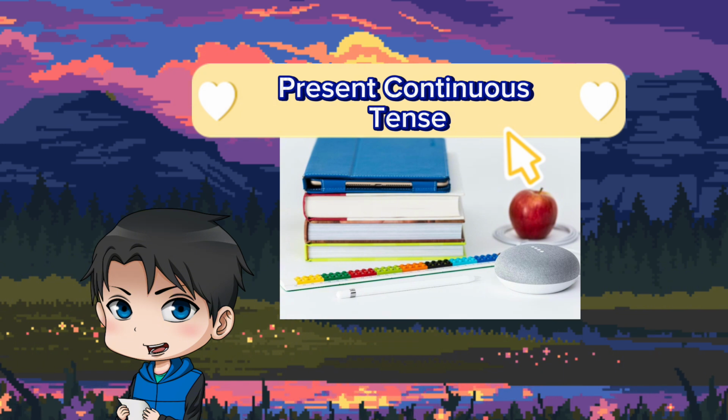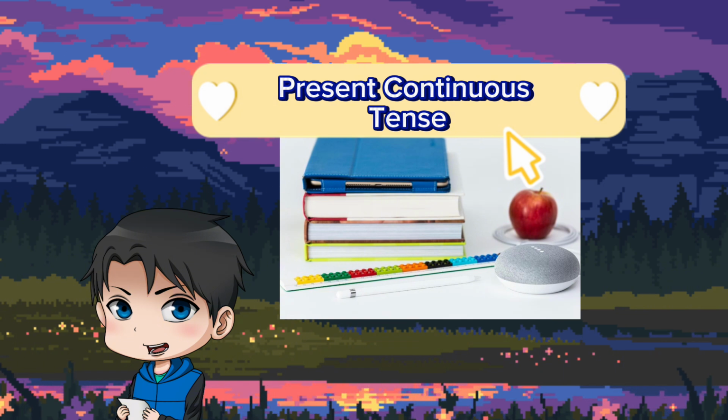Furthermore, present continuous tense is divided into two sentence patterns, namely verbal present continuous and nominal present continuous tense. We have to carefully analyze verbal and nominal sentence patterns. Don't make a mistake, okay?